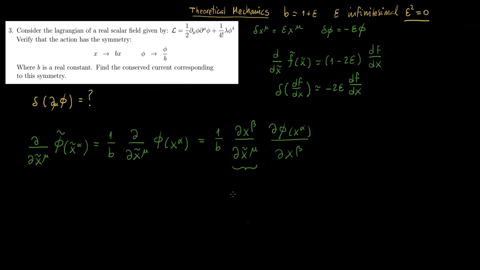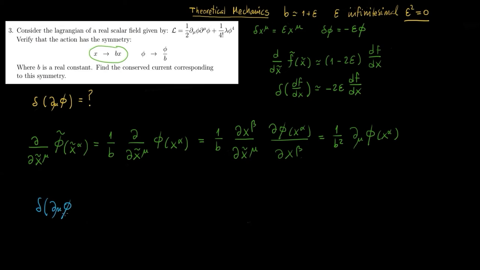This is the Kronecker delta, delta beta mu, because only if beta and mu are equal will it give us something different from 0. But remember, the relation between x and x tilde is 1 over b. So we will have 1 over b squared, and let's sum over the beta index. So we will put mu instead of beta. So we have partial mu phi of x.